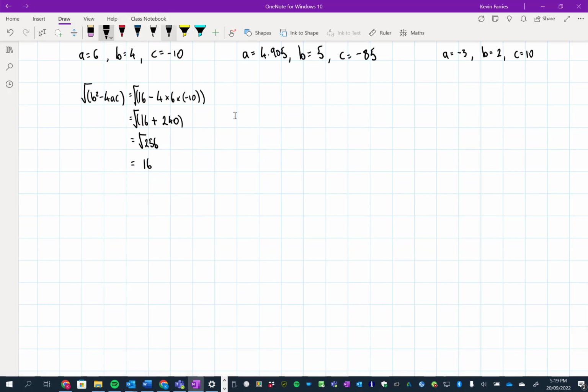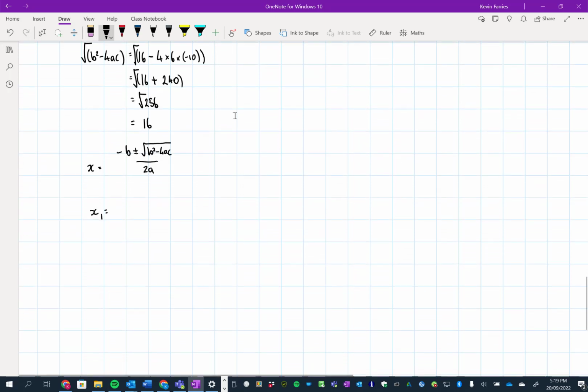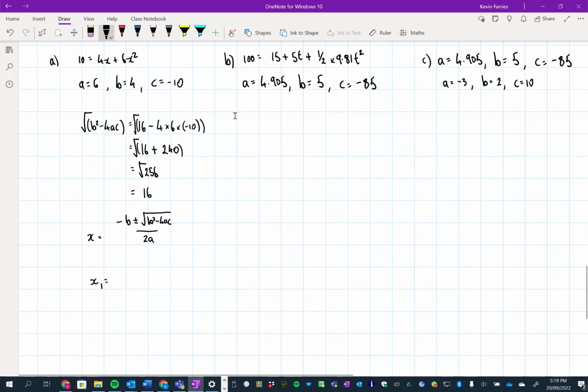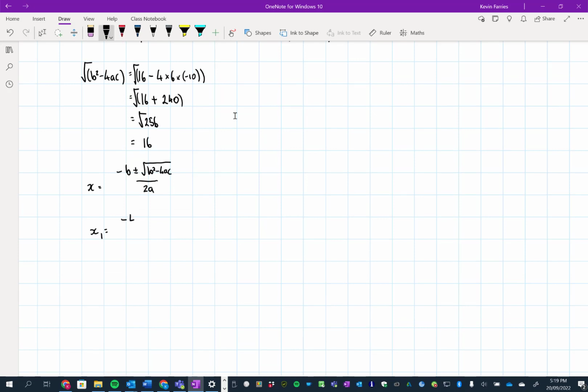So we have x is equal to negative b plus or minus the square root of b squared minus 4ac, over 2a. So therefore we're going to have two solutions. Let's call it x1, which is equal to, so b was 4, so negative 4 plus 16.